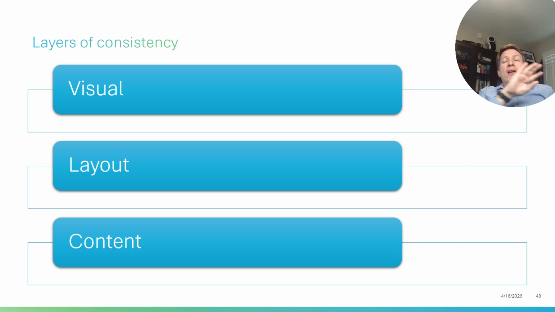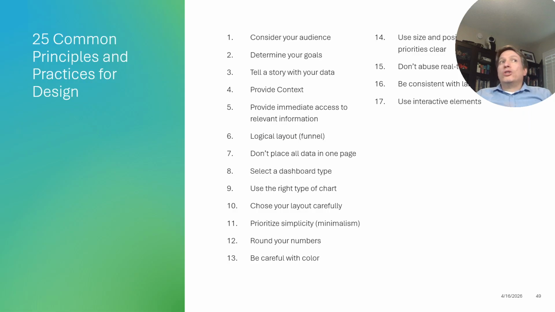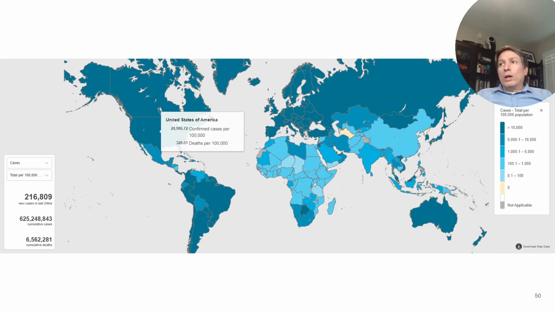It's not good when you change from one screen to another, you were having your priorities on the left and now the priorities are on the right. That's going to confuse the users. And the content as well, you don't want to just switch magically a variable or a dimension, and people are going to get distracted or lost. Remember, interactive elements, we have had discussions about that, are really important.